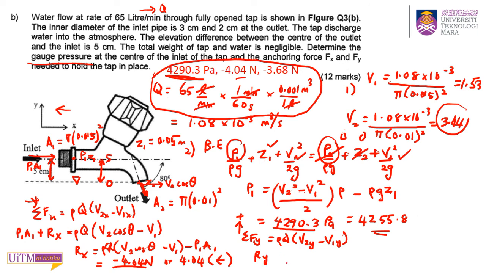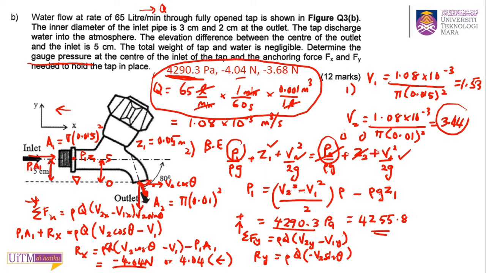Okay, and this will be equal to rho Q times V2y. V2y is V2 sin theta lah. Okay, in opposite direction, so this will be minus lah, minus V2 sin theta. And V1y is 0, so there's no component in V1y.